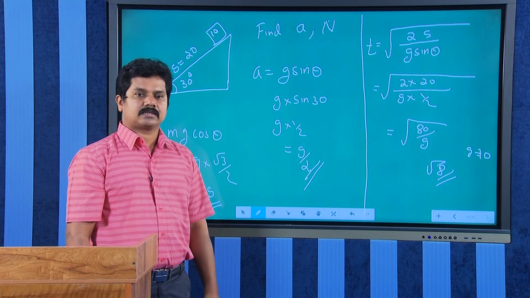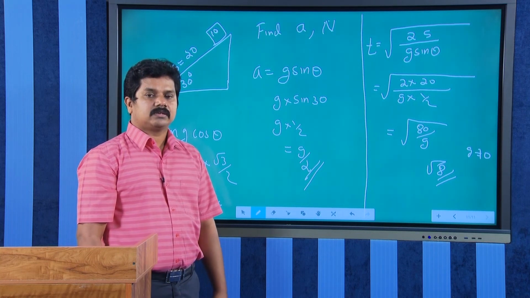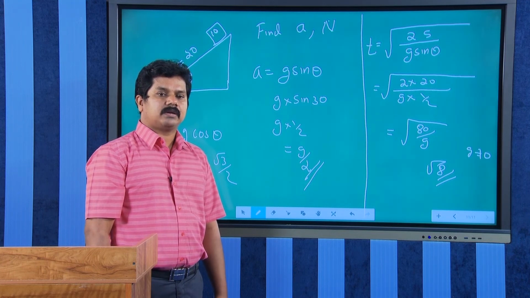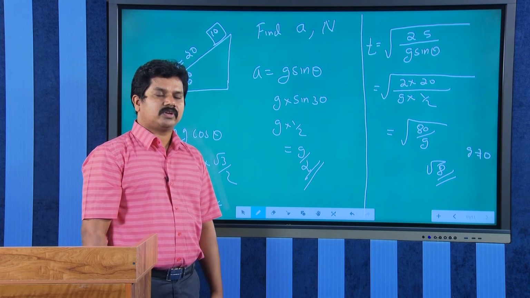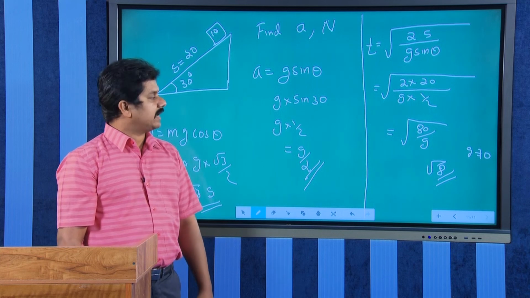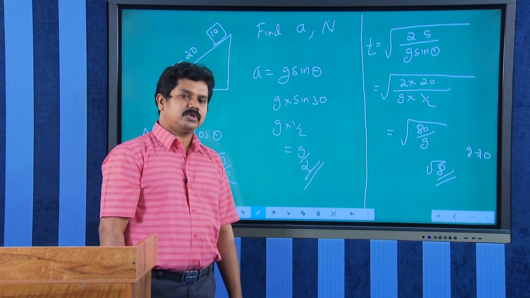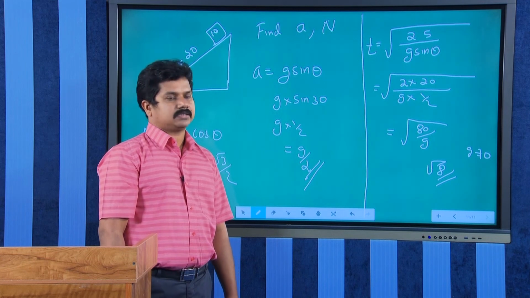And the tension is 2 m1 m2 by m1 plus m2 into g.